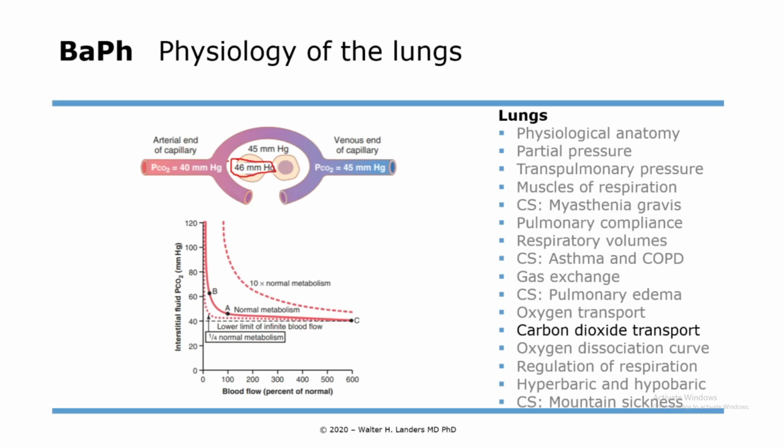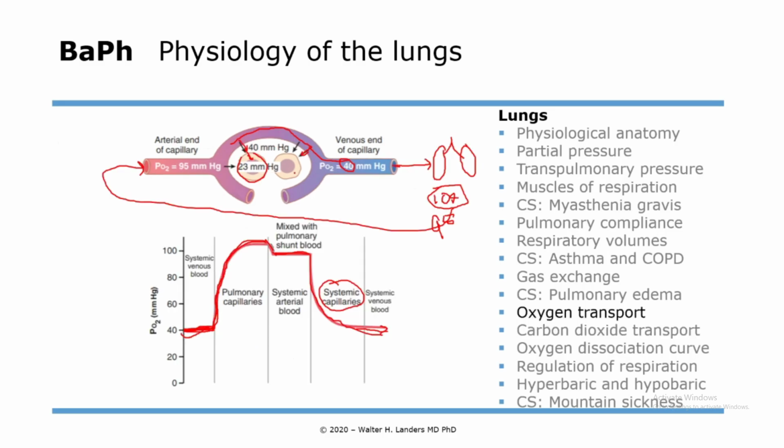Exactly. So your cells use, for example, glucose in order to get energy, and a byproduct of that is carbon dioxide. And so there's a lot of carbon dioxide here, which diffuses into the interstitial fluid. And then from the interstitial fluid, it goes into the capillaries, and then it becomes 45. So you can see there's a relatively small difference here, whereas there's a lot of oxygen that's transported.